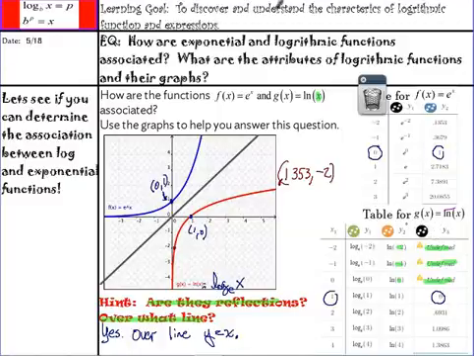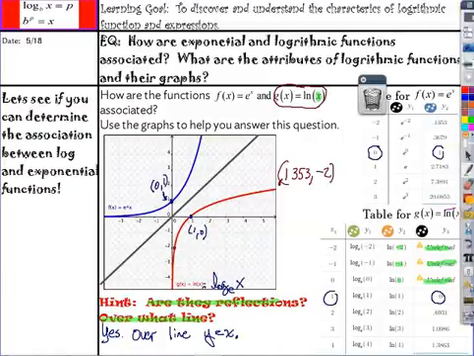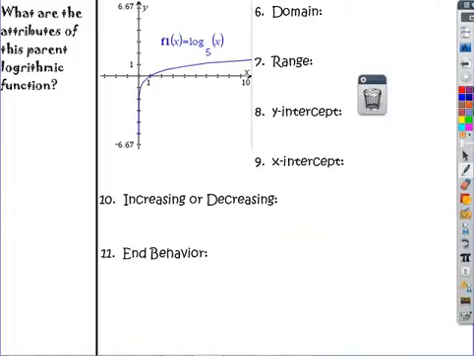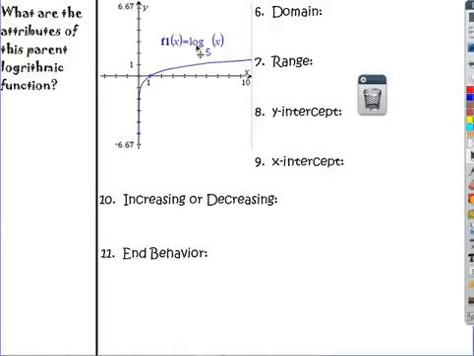Okay. Also point out that natural log of x would be considered a type of parent function for logarithmics. And so the next piece here is, let's look at the properties of logarithmic parent functions. The parent function I chose is a logarithm that has a base of 5.